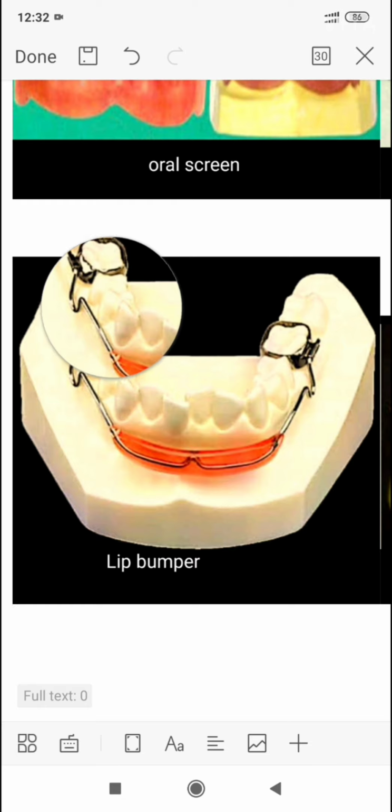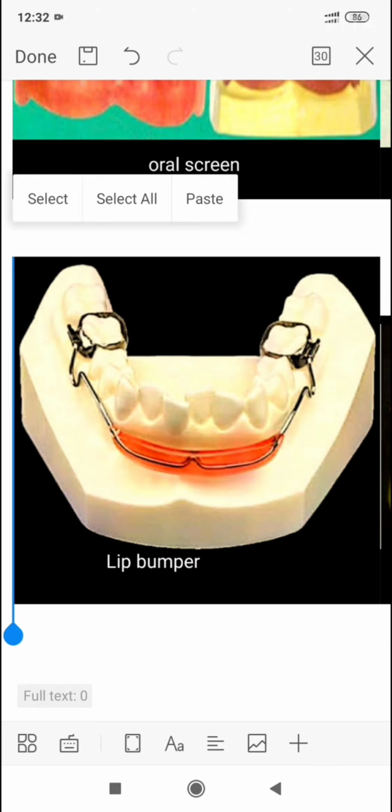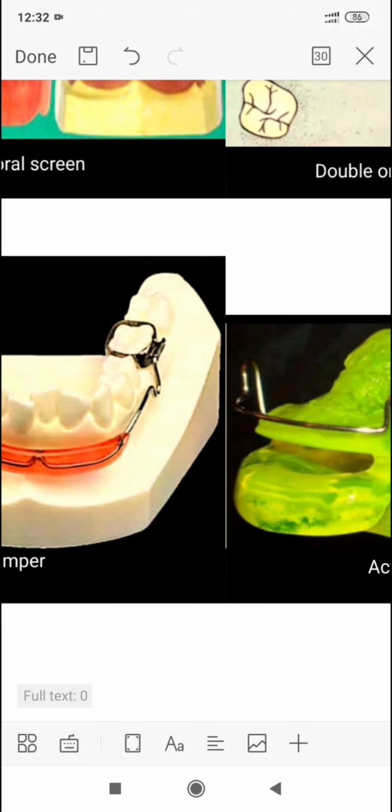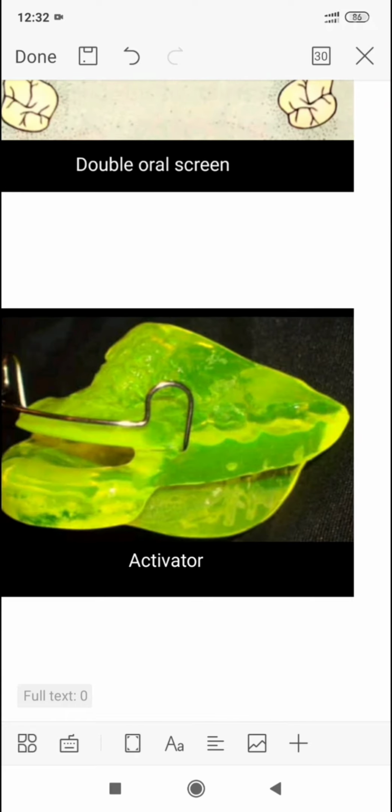So because it distalizes the molars, it can be used as a space regainer.